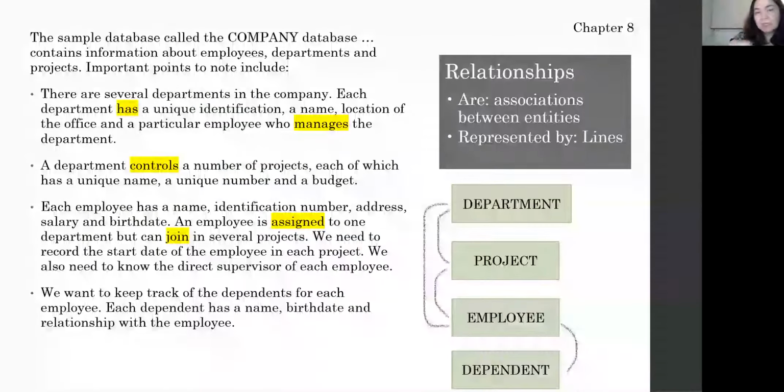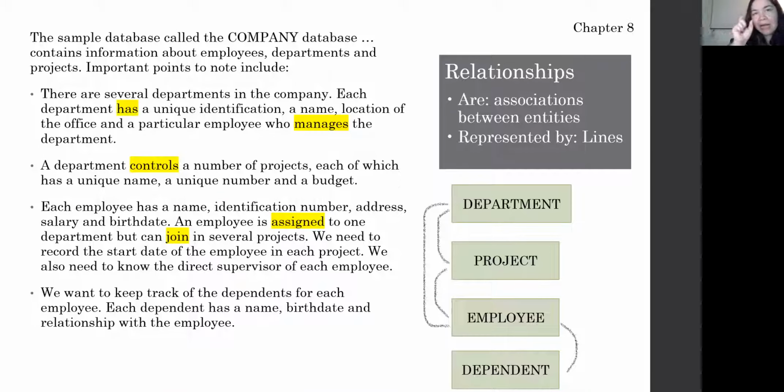So there needs to be a line between department and employee. The departments control projects, so that's a relationship. Each employee is assigned to a department, so there's that line again. And there's a line between employees and projects.